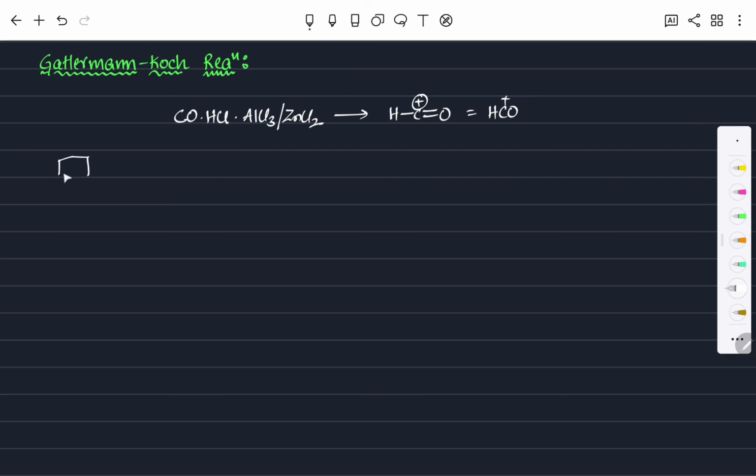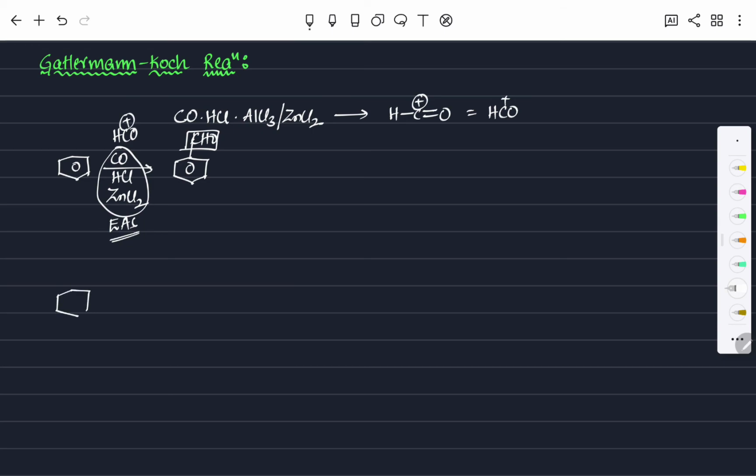Suppose we treat benzene with CO, HCl, ZnCl2. From this combination we get the electrophile HCO plus, and it is an aromatic compound reacting with an electrophile, so we write according to electrophilic aromatic substitution. Simply, the electrophile will be substituted in place of H plus.